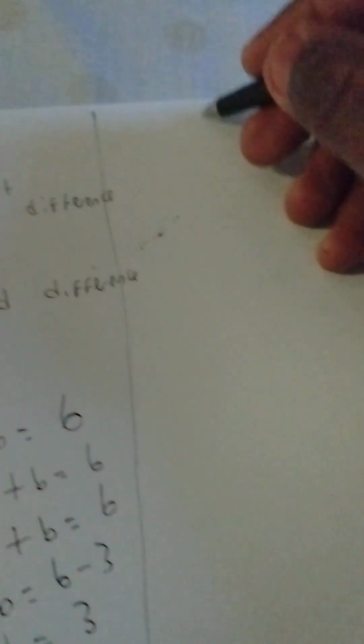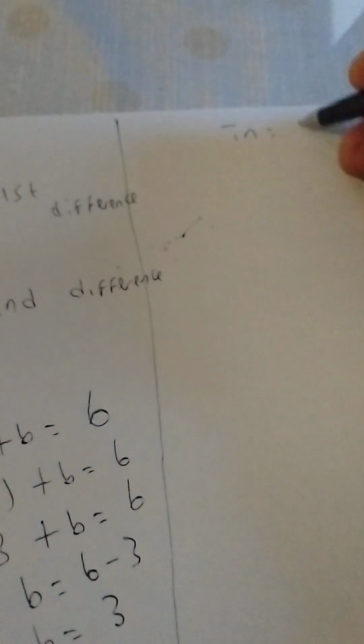So therefore our Tn will be 1n squared plus, what is our b? Our b is 3, so it will be 3n plus our c. Our c is negative 1.